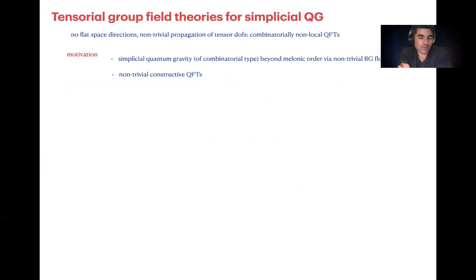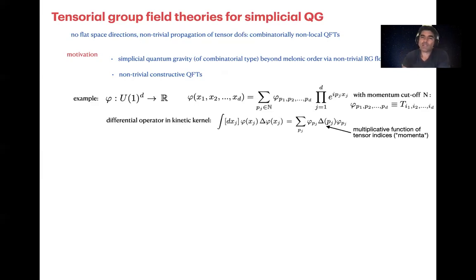Of course, a more formal mathematical interest is simply to define non-trivial new constructive quantum field theories. Now, an example of these tensorial group field theories for simplicial quantum gravity, so the field theoretic generalization of random tensor models, is given here.